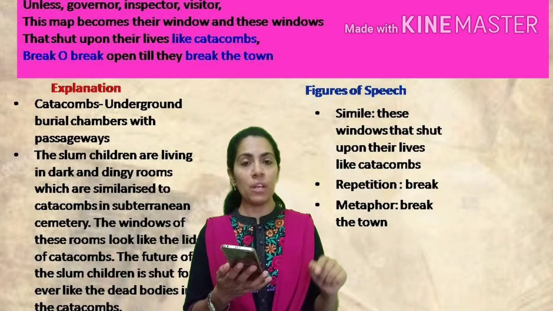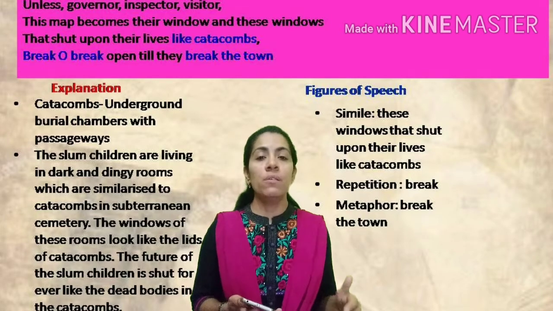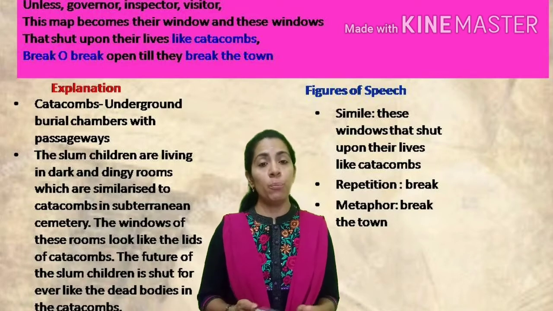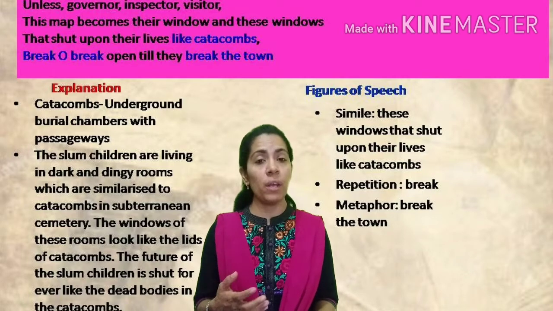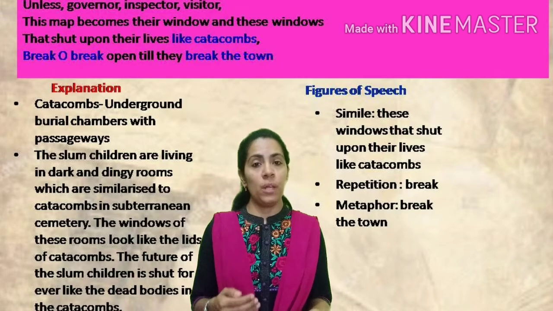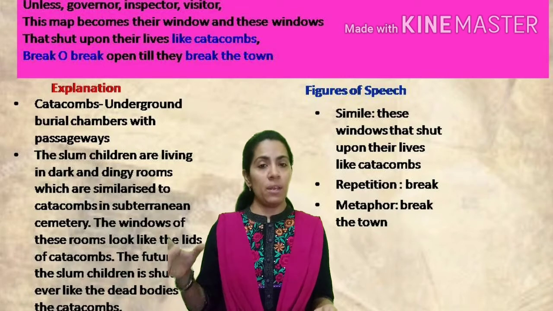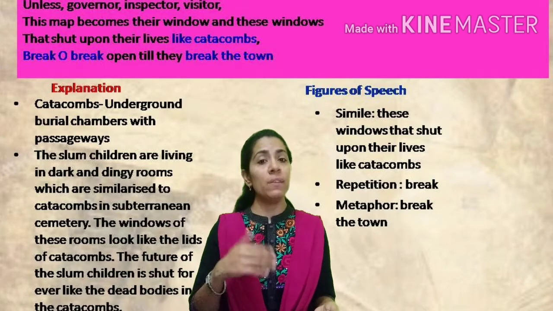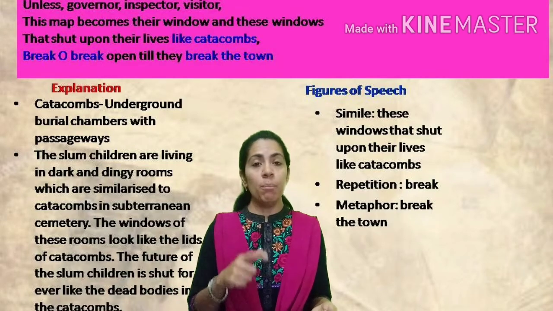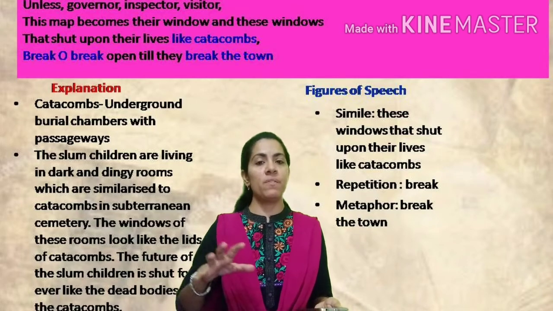And these windows that shut upon their lives like catacombs break open till they break the town. So the poet has an ardent wish, and he makes an urgent note that these windows should break free. Note the repetition of the word break, and break the town, not literally but metaphorically. They should move away from this trend.